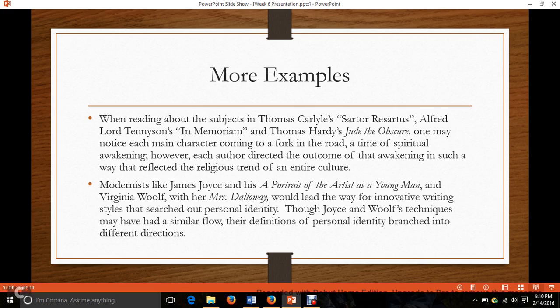So this is a clear compare and contrast between Joyce's work and Woolf's work. We see that the connection is that their writing styles similarly portray personal identity, but the way that they do it is very contrasting.